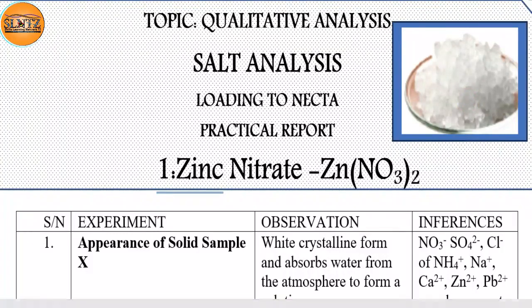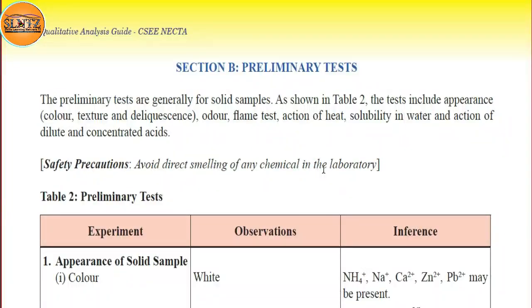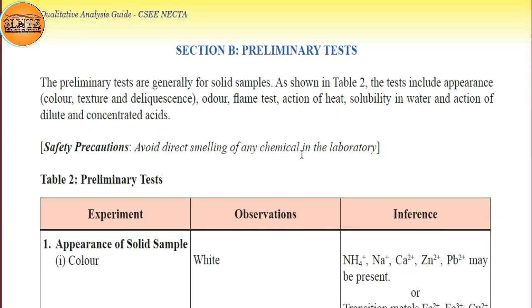And we are going to use a qualitative analysis guide sheet for secondary examination. This is the normal guide sheet we are going to use for analysis of salt during the examinations.